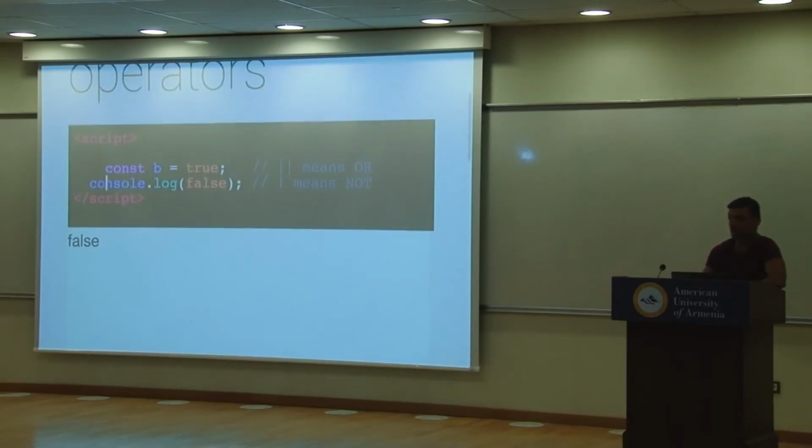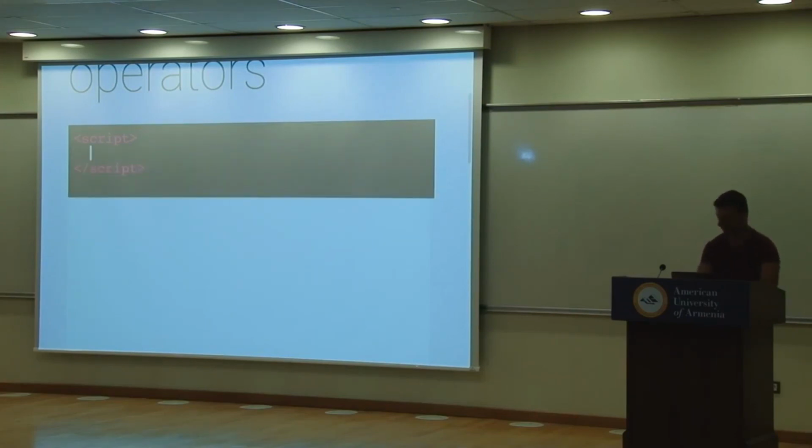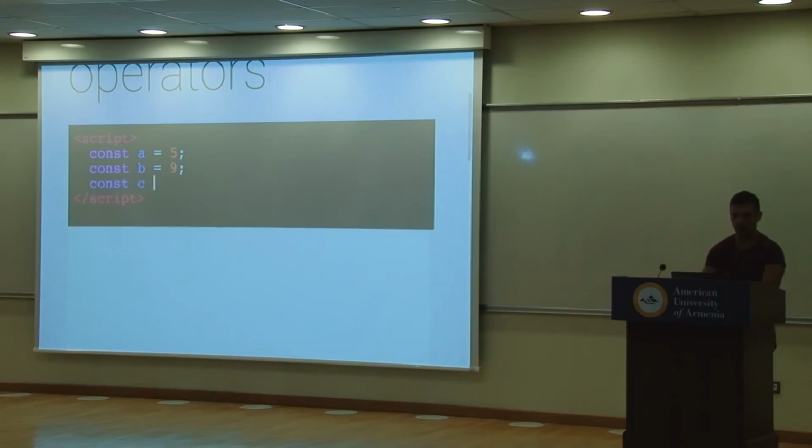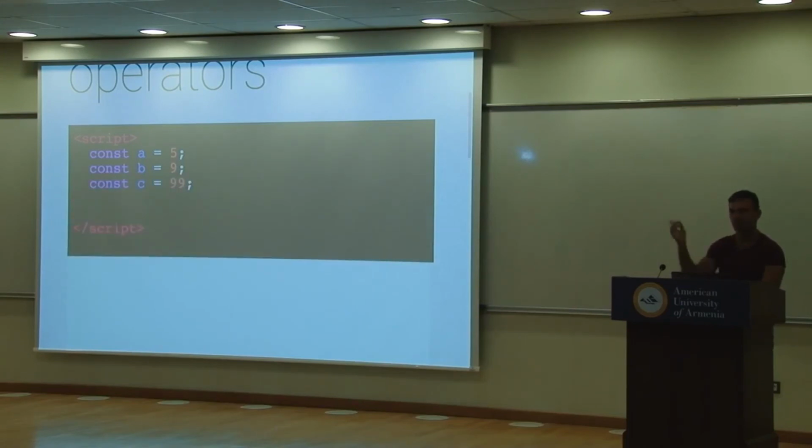Does that make sense? Okay, so let me give you guys an example. Const A is 5. Const B is 9. Const C is 99. Okay, don't name your variables like this. I'm just naming it because it's literally just a random example.